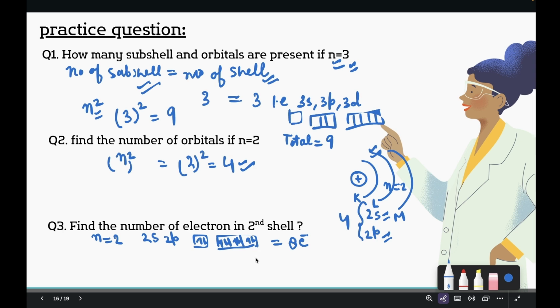We can also calculate the total number of electrons in the second shell by using the formula 2n square. That is 2 times n square. Now put the value of n, which is 2, and on solving we will get 8 electrons.